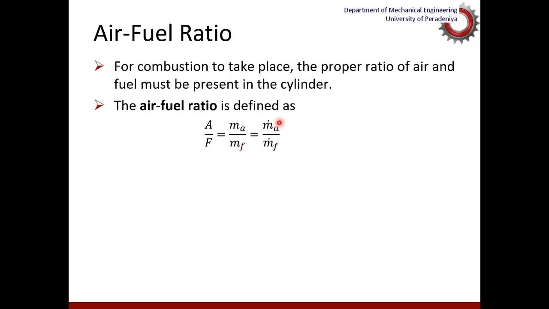Accordingly, what we could measure is the flow rates, air flow rate and fuel flow rate. Now, in modern engines, of course, there is an airflow sensor fitted in the intake system to measure airflow, and a fuel flow sensor is fixed in the fuel line to measure the fuel flow. So these quantities are readily available in the engine control system.